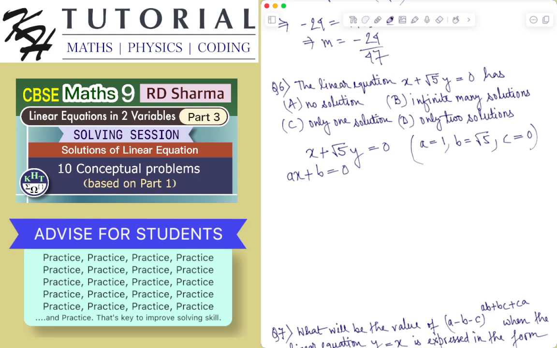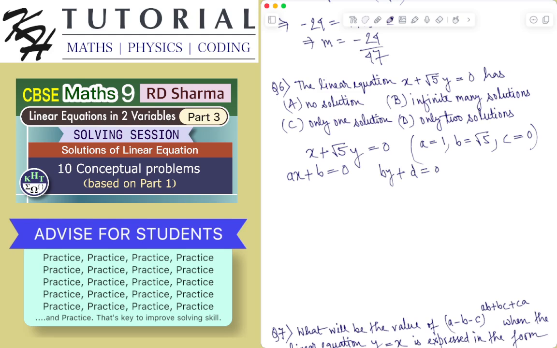Also, if the given equation is in the form, let's say by plus d equals to 0, where x is missing, then if I consider this as a linear equation in two variables x and y, it will have infinite many solutions.